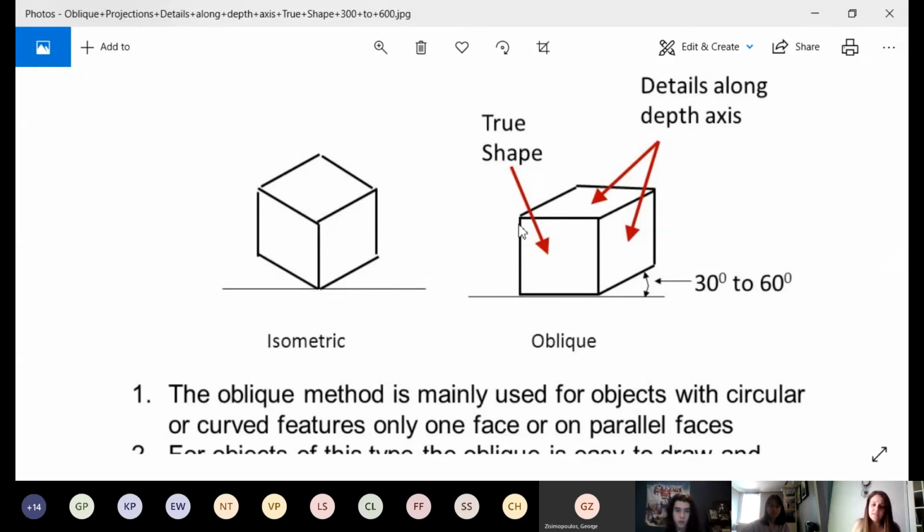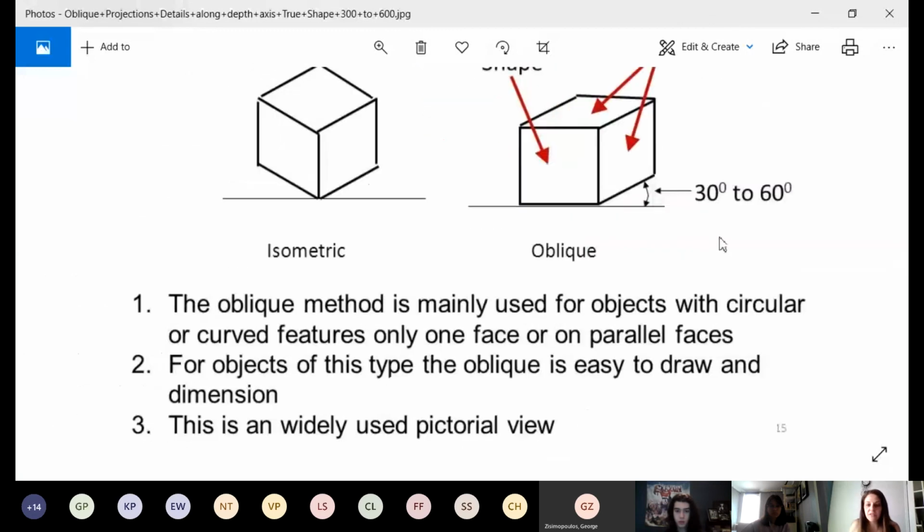Whereas oblique, you see one face and everything else is projected behind. We drew the birdhouse on SketchUp at the beginning of the year and you guys were very creative. I was very impressed with everybody, which I really miss. I miss doing that kind of stuff.